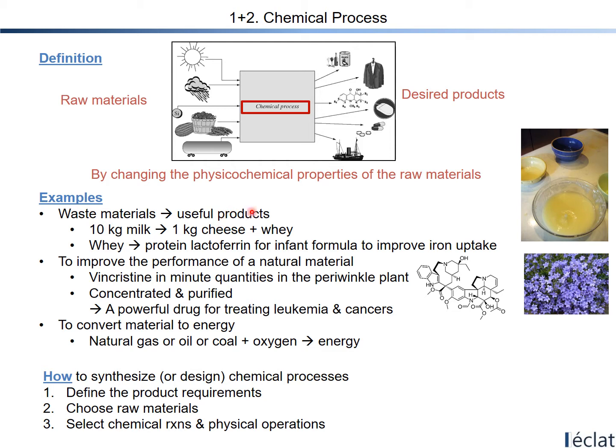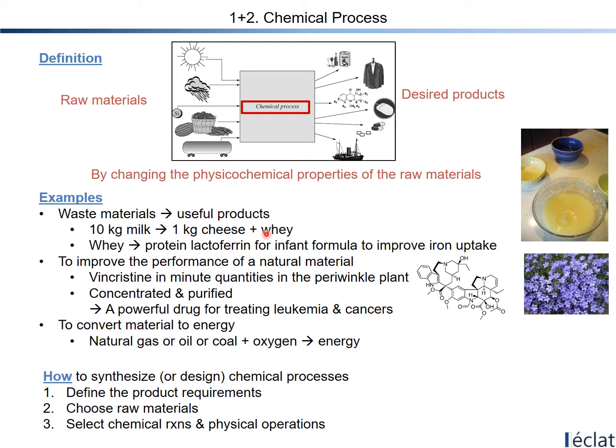We can convert waste materials into useful products. Okay, here's 10 kilograms of milk, and I'd like to make cheese. From 10 kilograms of milk, we could get 1 kilogram of cheese plus whey. Whey is a kind of waste product made during the process of cheese production. So this kind of waste product would be discarded.